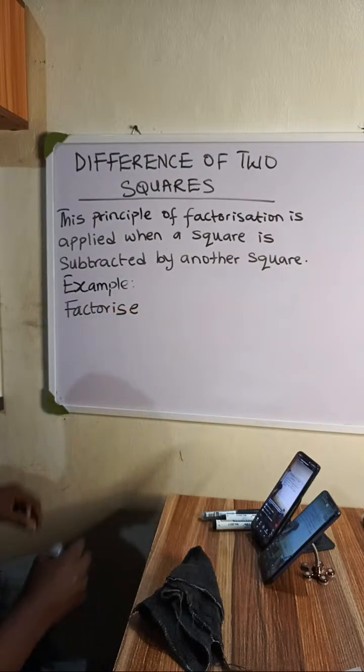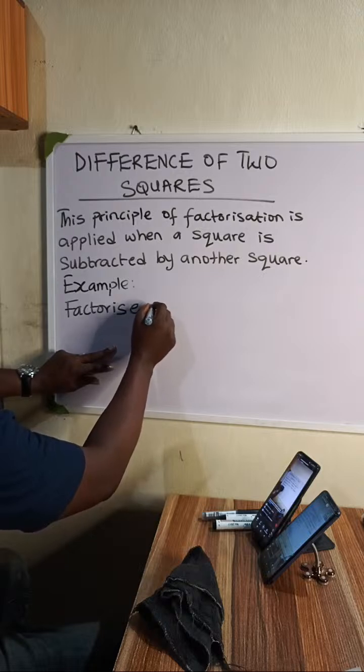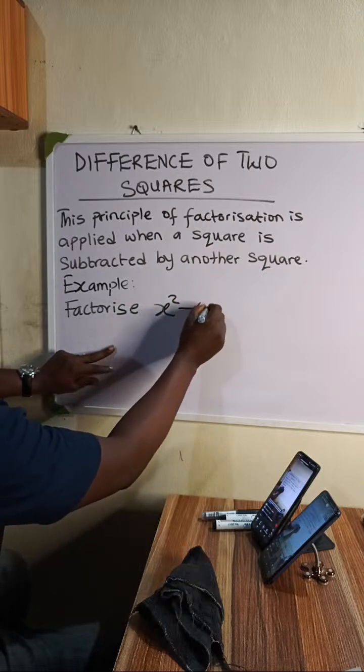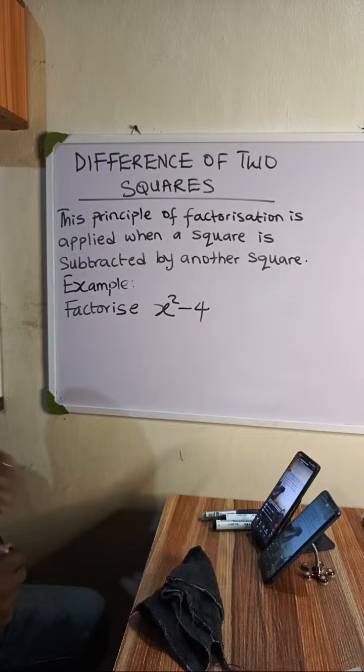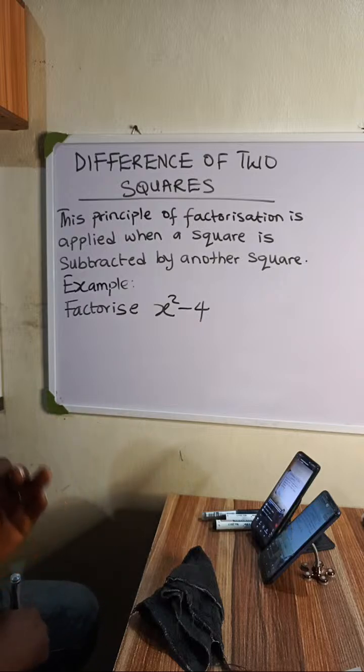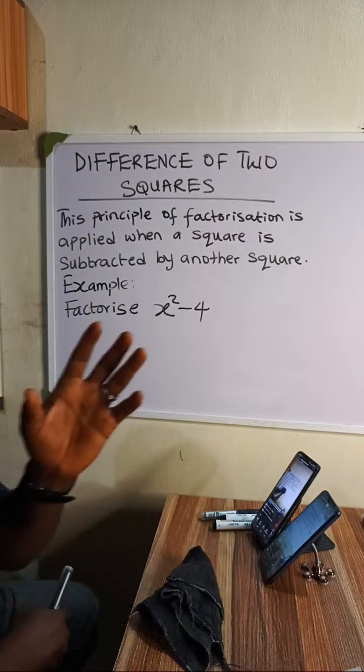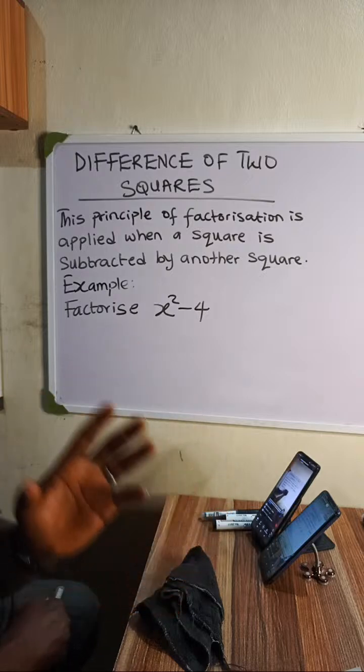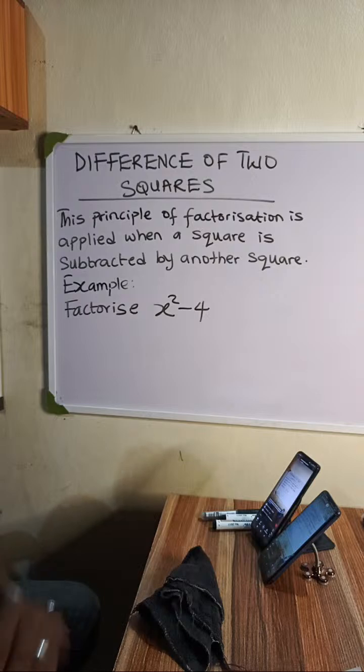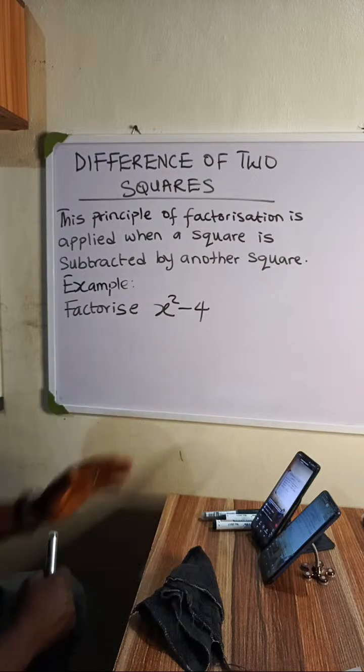Factorize x squared minus 4. Remember, for us to apply difference of two squares, a squared value must be subtracting another squared value. But in this situation, we cannot really say that.